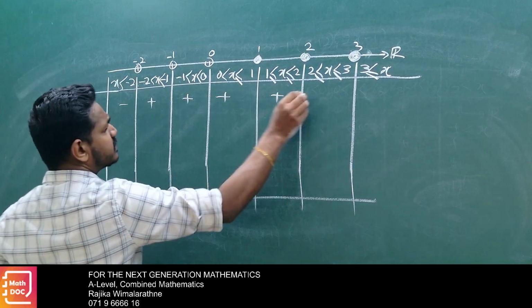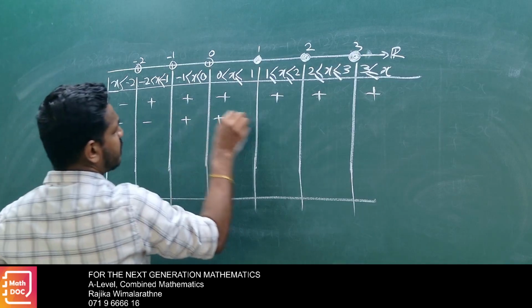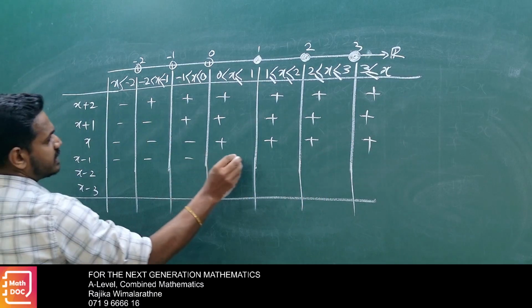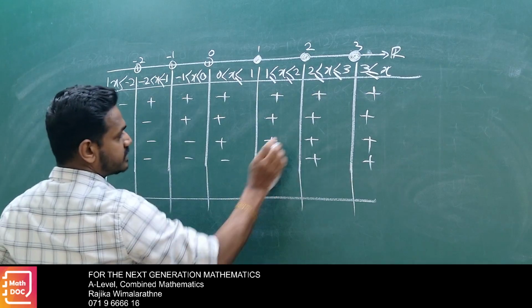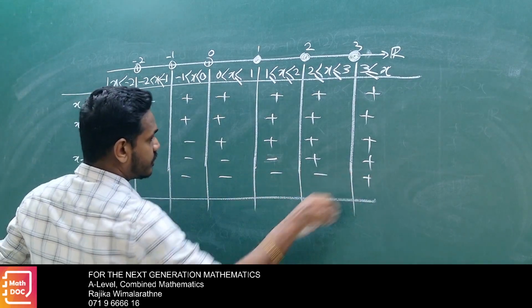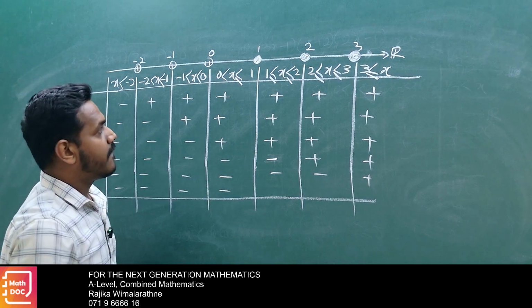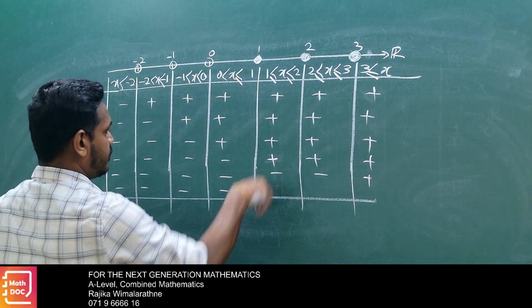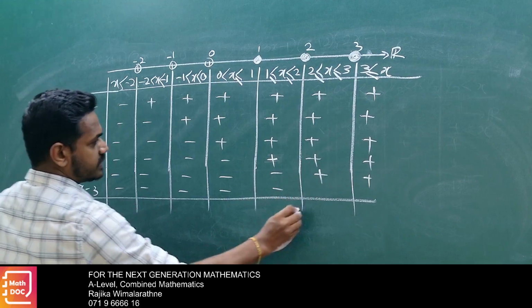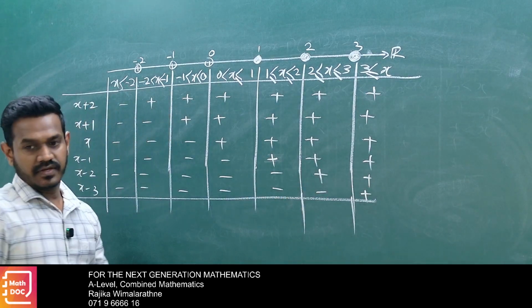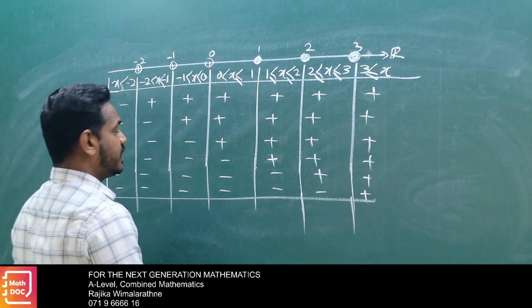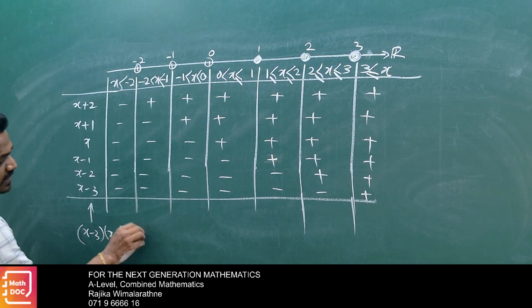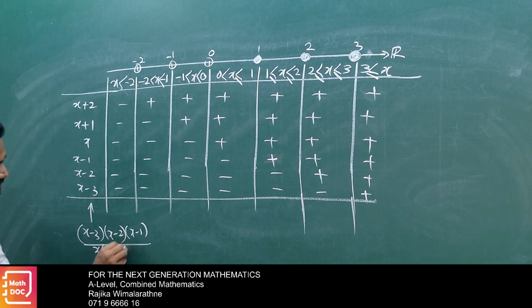Then the sign pattern: minus, plus, plus, and so on. Then here you have to think with x minus 3, x minus 2, x minus 1 over x plus 1, x plus 2.